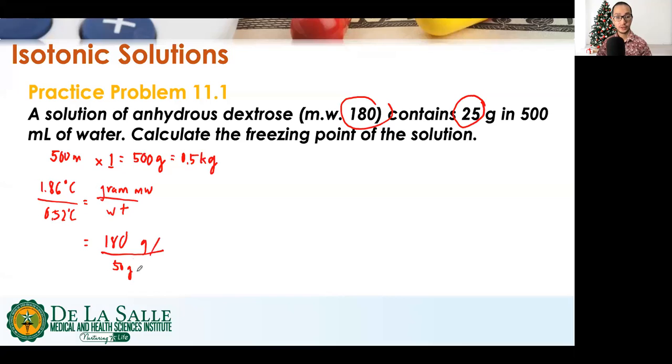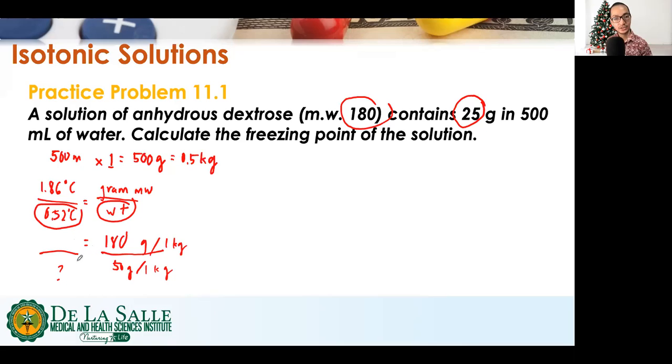So both will be in 1 kilogram or 1,000 grams. So what is being asked is the freezing point. Remember, the weight here is the weight per 1 kilogram of the solvent that will make the solution isotonic, or having a freezing point of 0.52 degrees Celsius.